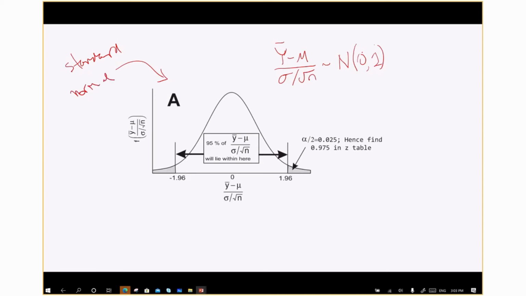And remember, this is a random variable. It's the set of all possible values of lowercase y bar minus mu over sigma divided by root n. So that's what we've got here.